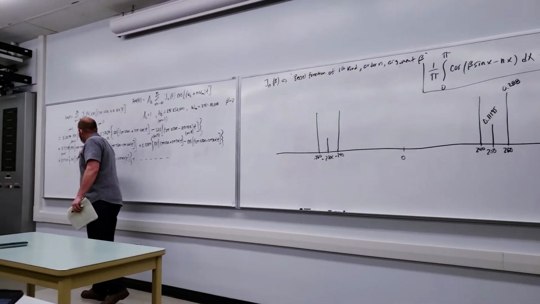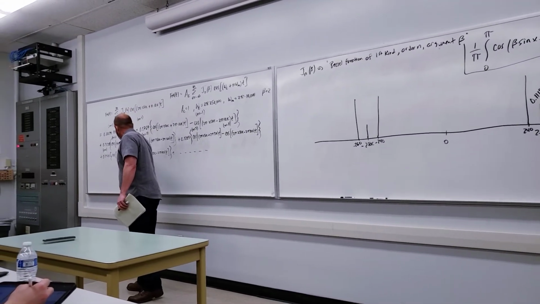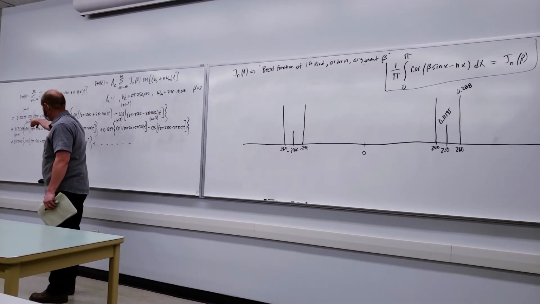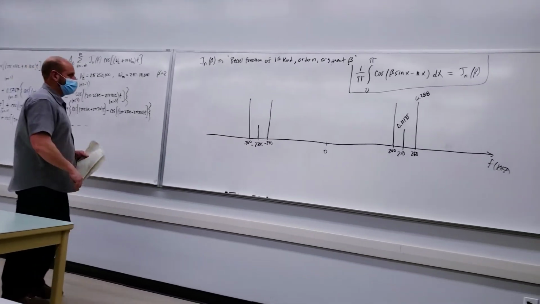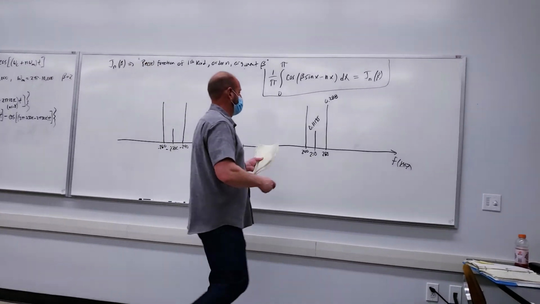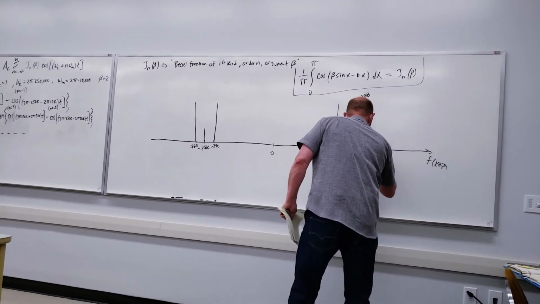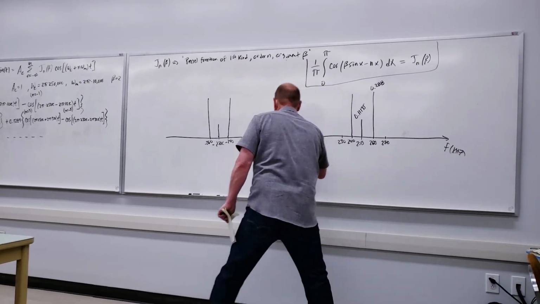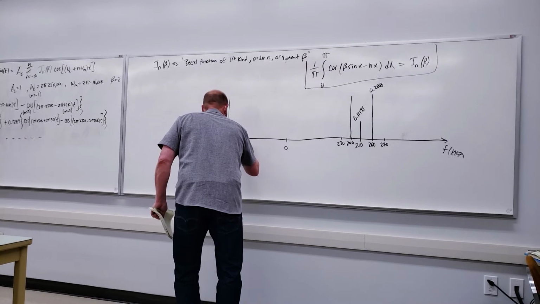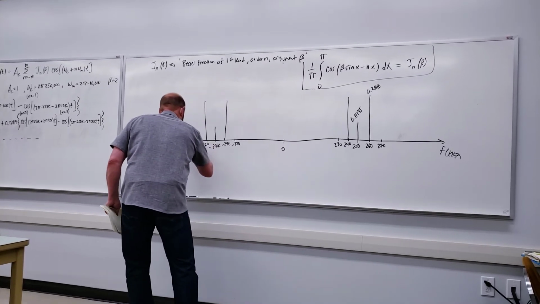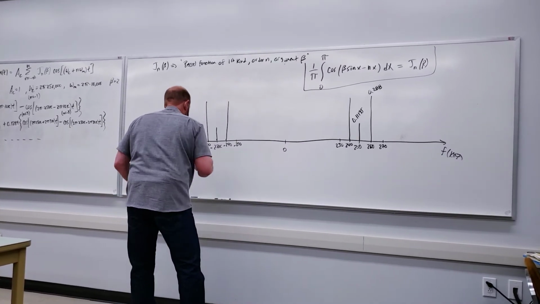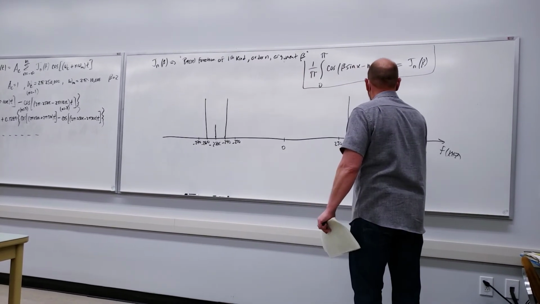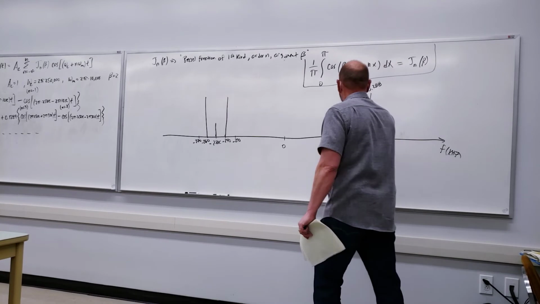Let's go to the other one. So this is going to be at 270 and 230. That over 2 in amplitude. 270, 230, minus 230, minus 270, and I get 0.1764, so something like this.